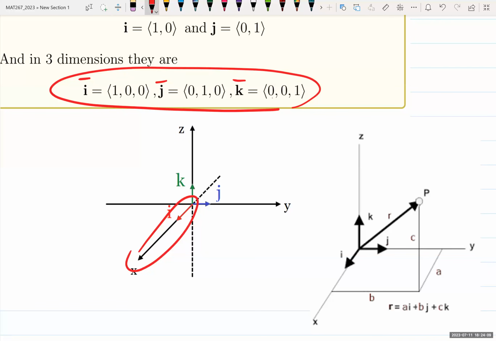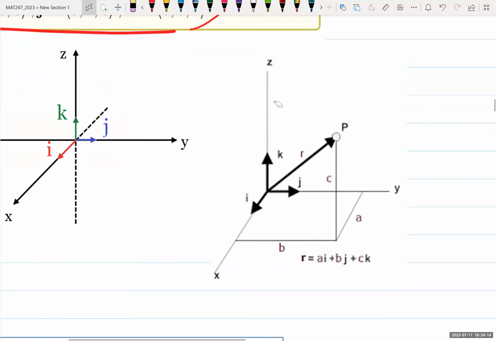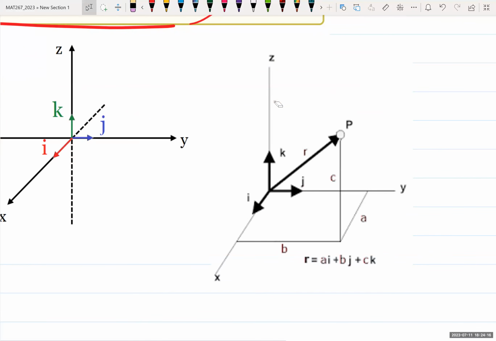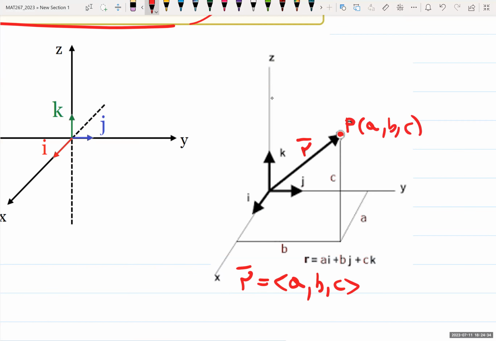So i, j, k. And then the theory says that each vector can be described with i, j, k. Here's vector R pointing at P, like we had before. And R, as always, was the vector a, b, c. So the point was a, b, c. Remember the difference: P is the point, no bar, parentheses. R is the vector a, b, c, with bar and braces. That's a vector, right?